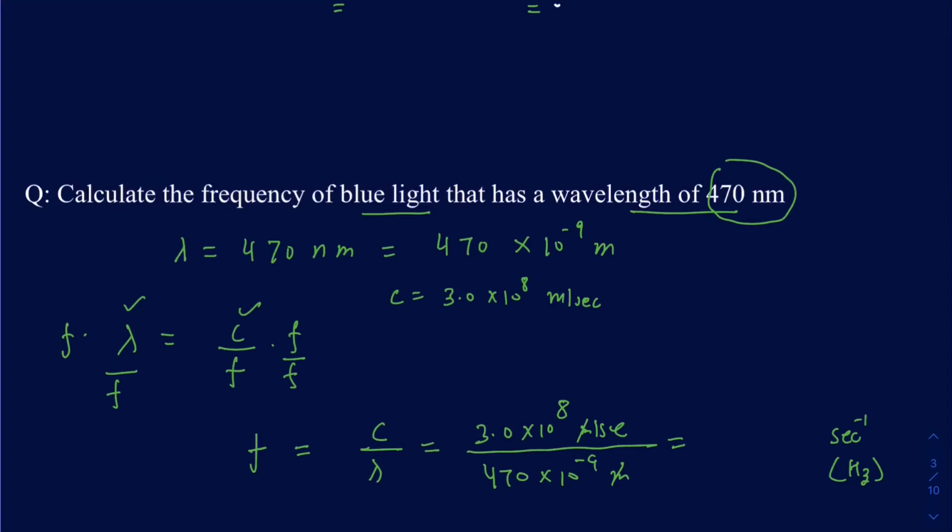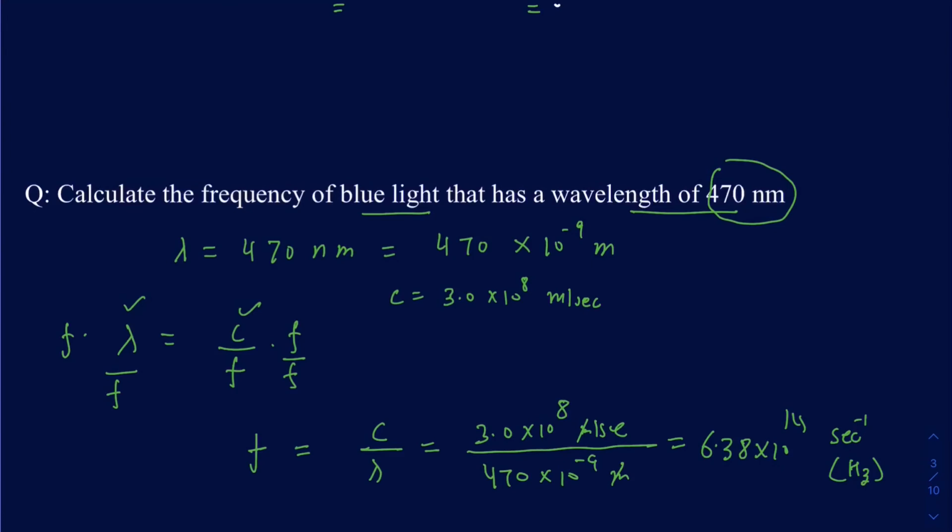I have 3 times 10 to the power 8, divided by 470 times 10 to the power negative 9. After plugging this into the calculator, I get 6.38 times 10 to the power 14 hertz. So that's going to be the frequency associated with this blue color.